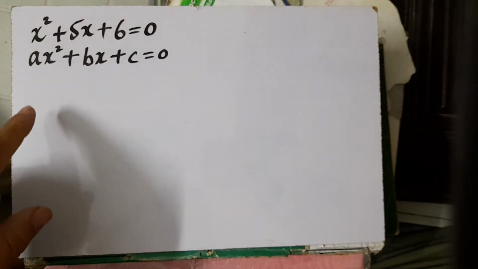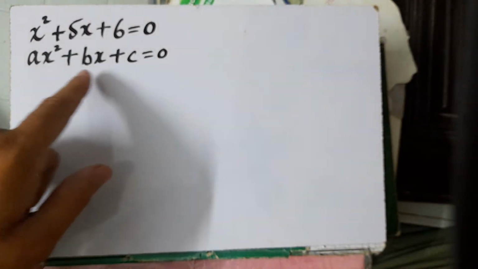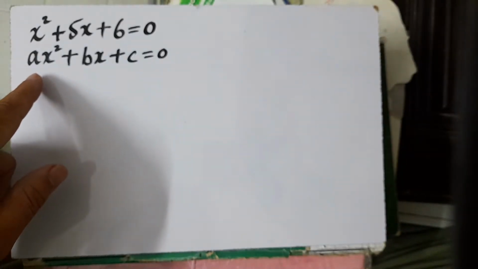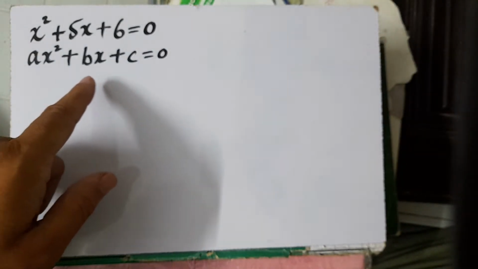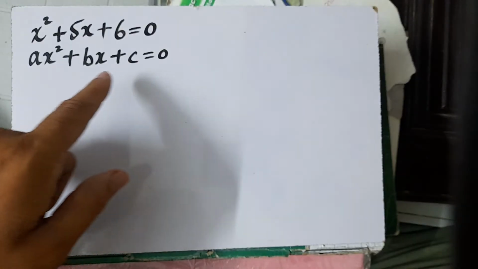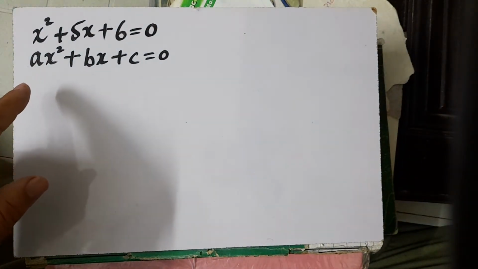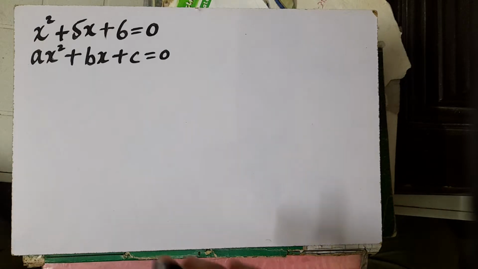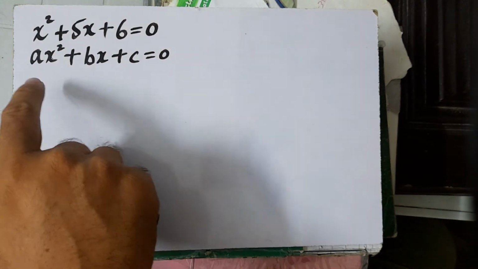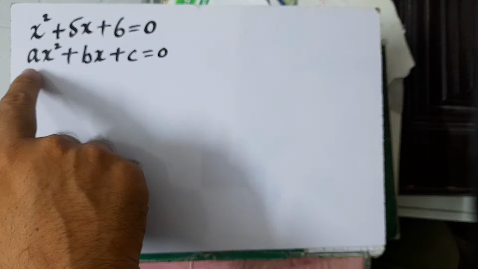Now we know that a quadratic equation can be written in standard form as ax squared plus bx plus c equals 0.